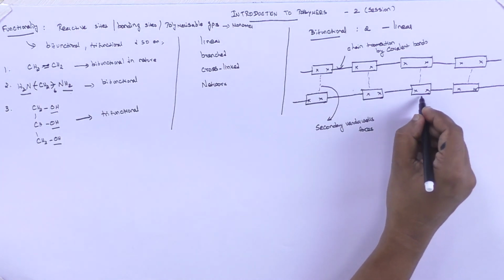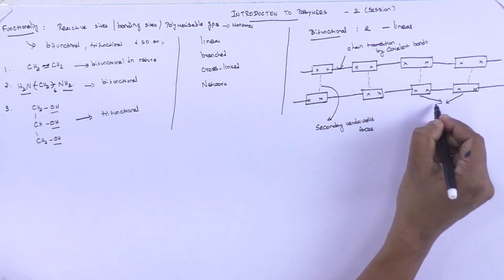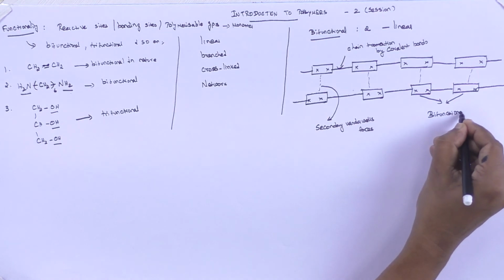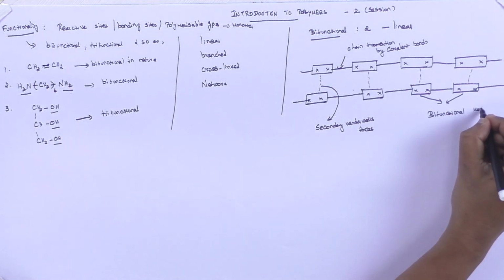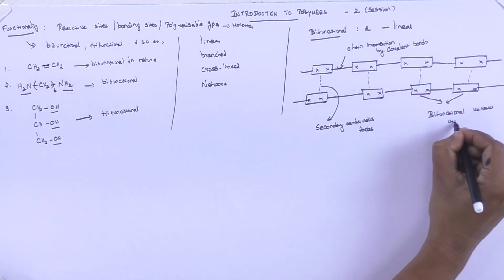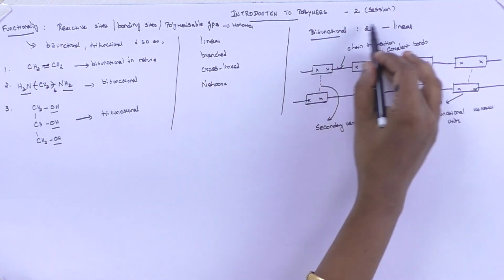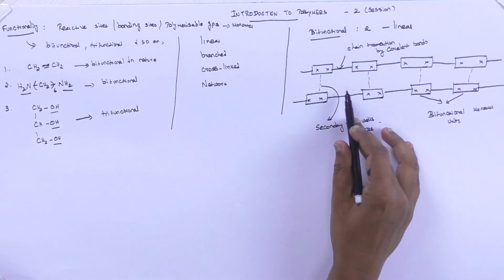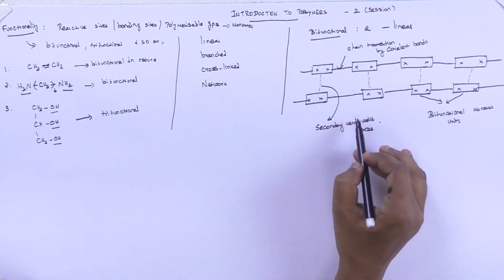And you can see these are bifunctional monomer units. So, this is an example of how a polymer is formed from a bifunctional species.